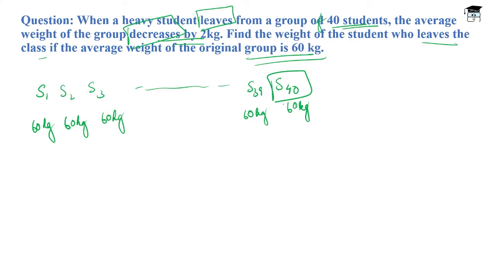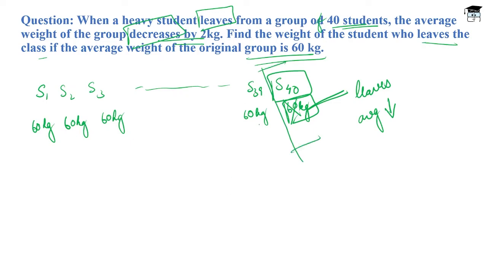But it is more than 60. That is why when the person leaves, the average decreases. So it is not 60, it is more than 60.